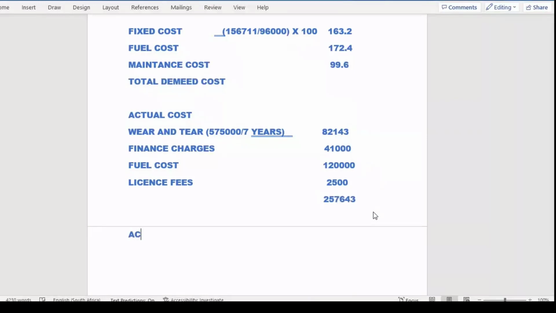Actual cost per kilometer is going to be 257,643 divided by 96,000, the total kilometers, right?